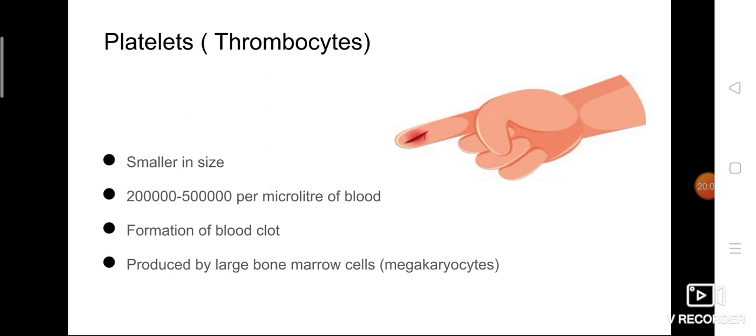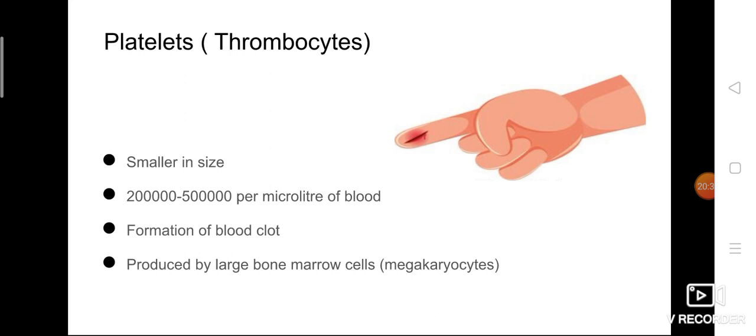What do you mean by clot? I told you about the blood clotting mechanism. What is a clot? Clot means a lot of blood gets accumulated in one place and forms a cap-like structure when there is any hurt or wound. See in this picture, a boy, you can see a cut in the finger, isn't it?